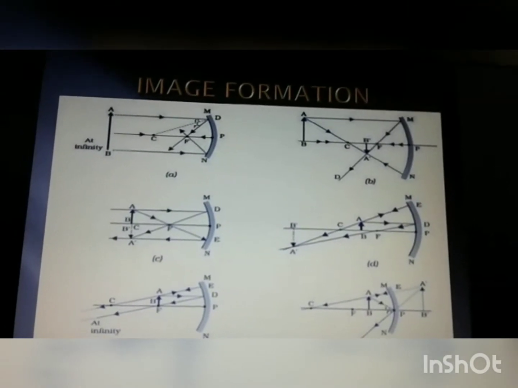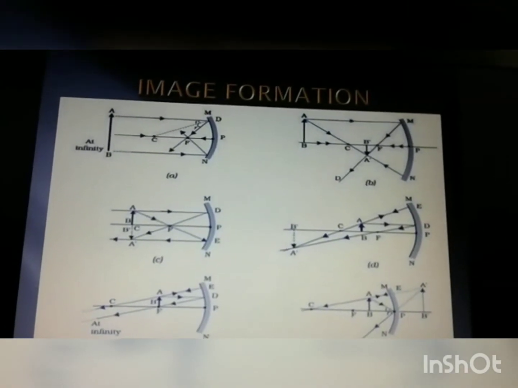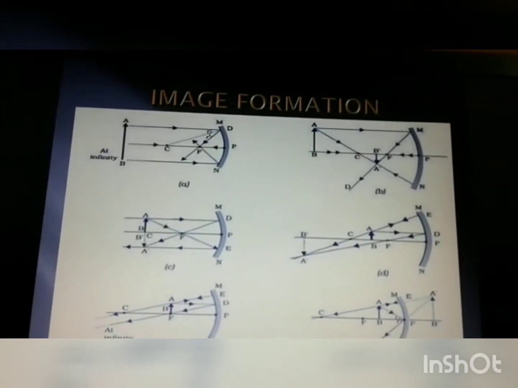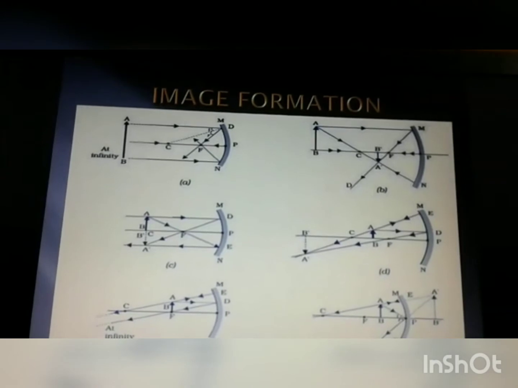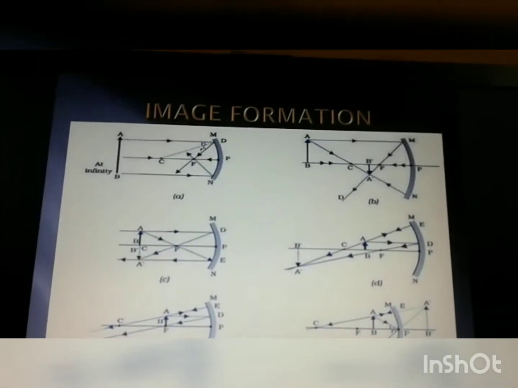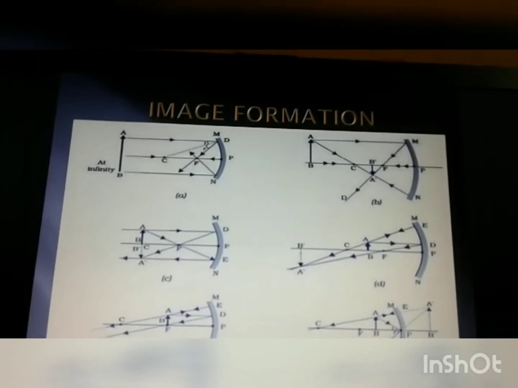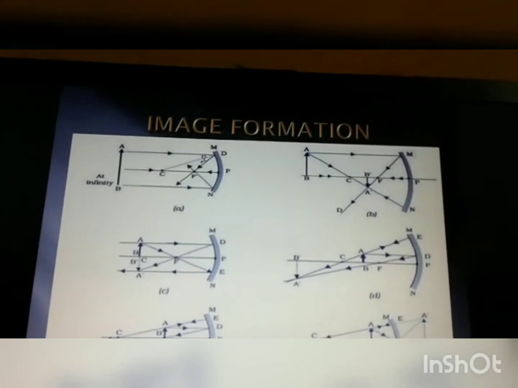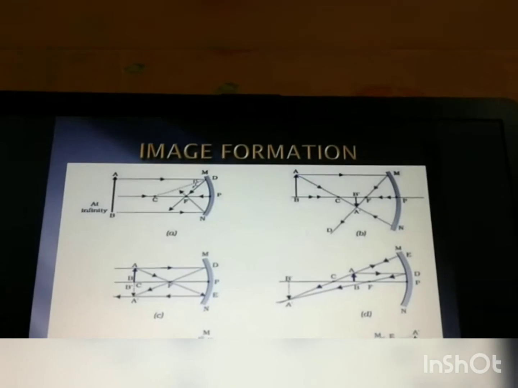Next, or second property we can say, a ray passing through the principal focus in case of a concave mirror, or directed towards the principal focus of a convex mirror, will emerge parallel to the principal axis.